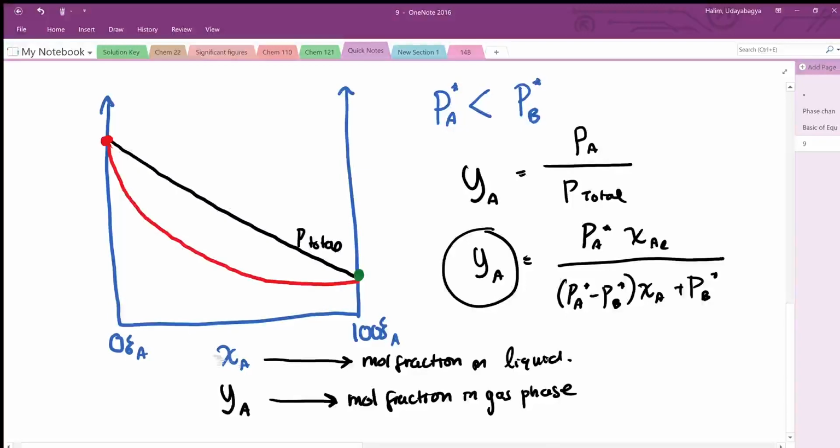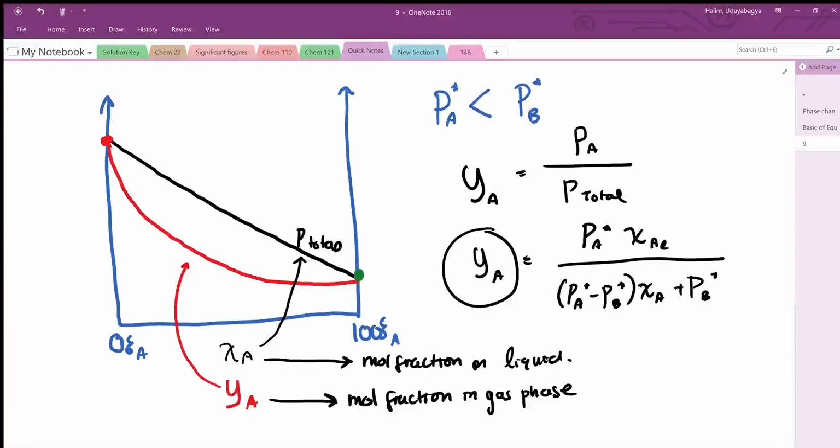I should probably change the colors as well. Okay, so I'm going to use y of A as the red line, and then I'm going to use the black line here as the mole fractions in the liquid phase. Mole fraction of A is going to be the black line there. All right, so this is what we have for now.